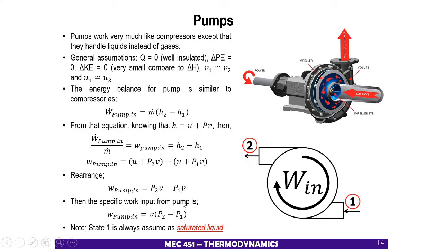As the volume is constant and the pressure is different, we take out the pressure, so we have something like this. This is your general equation for pump work. Normally for state 1 we use saturated liquid unless specified in the question. If it does not specify, we assume the initial point is saturated liquid.